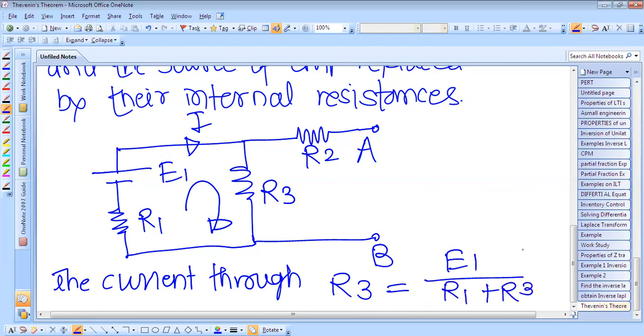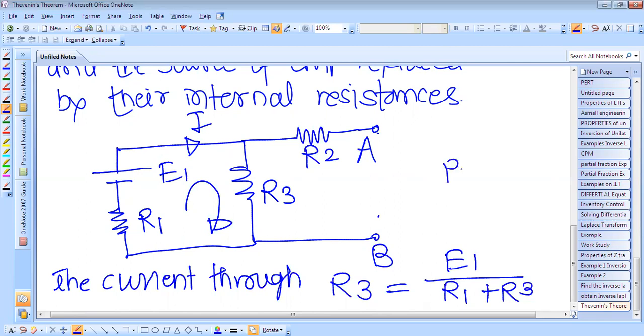This is the current flowing through the resistor R3. So what is the potential difference across R3? Whatever the potential difference between A and B will be the same potential difference across the resistance R3.